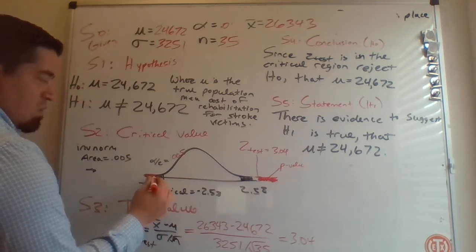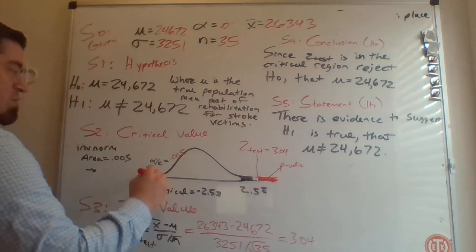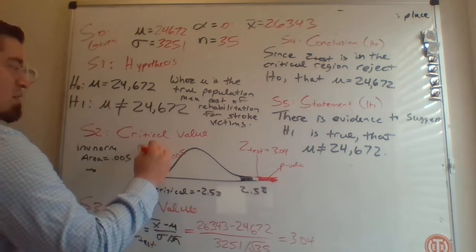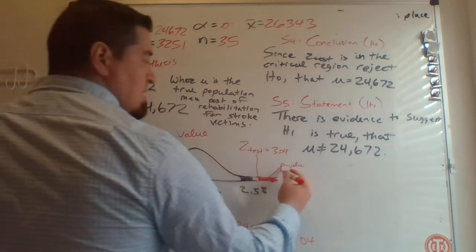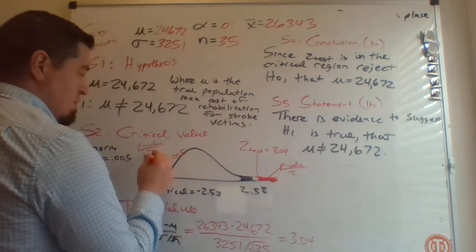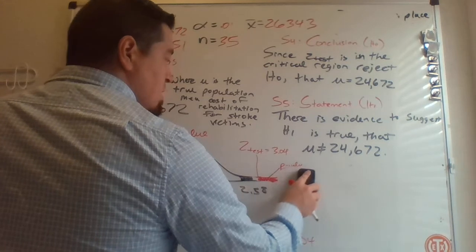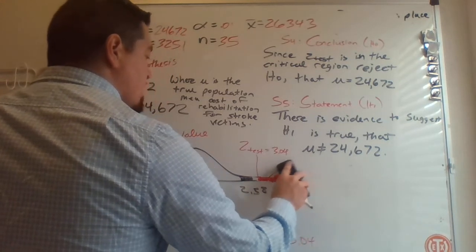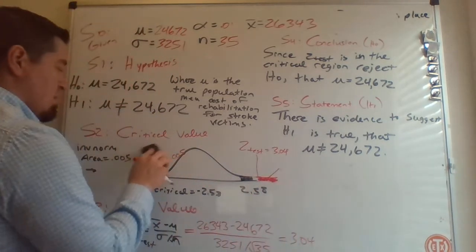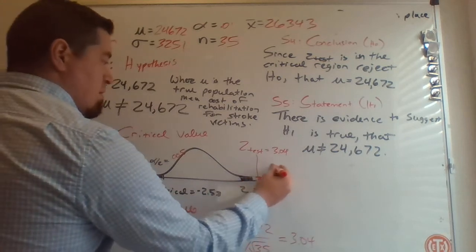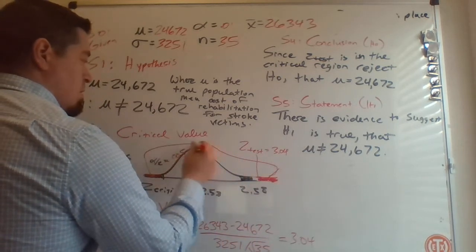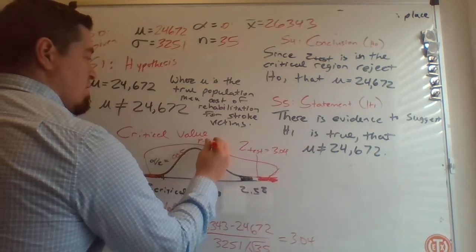In fact, I should probably say that's the p-value over 2. Okay, but yeah, not necessary. So the two areas in red are the p-value.